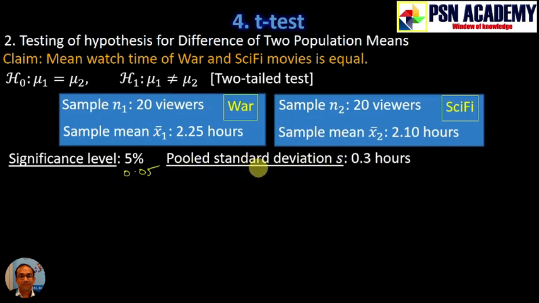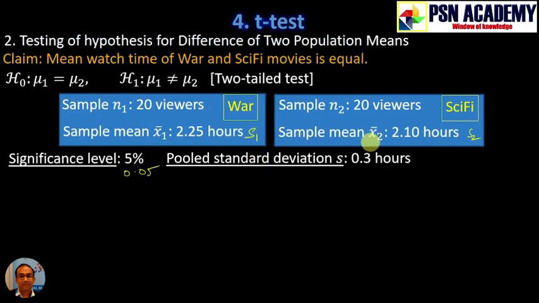The pooled standard deviation actually is a clubbing of two standard deviations for this sample as well as this sample. So standard deviation S1 and this standard deviation S2. So S1 and S2 is clubbed together by a very simple formula. You can go for the text as well as from other resources, and you will find how to calculate the pooled standard deviation.